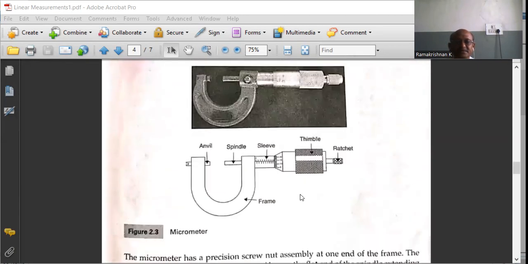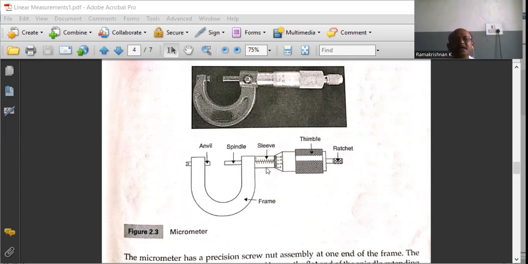Normally the micrometer may have some error. When the anvil and the spindle are in a closed condition, the zero of the pitch scale and the zero of the main scale should coincide. That indicates there is no zero error.